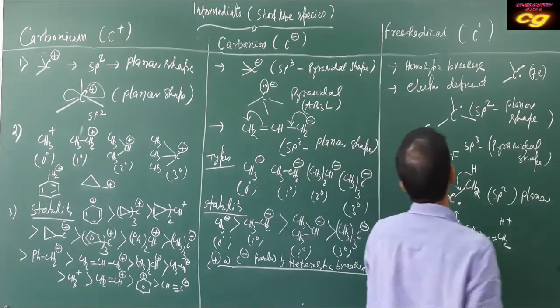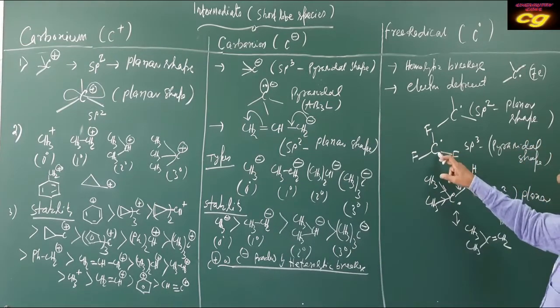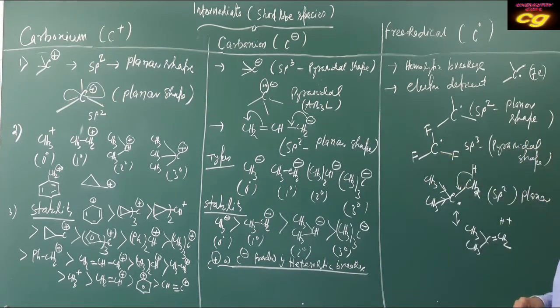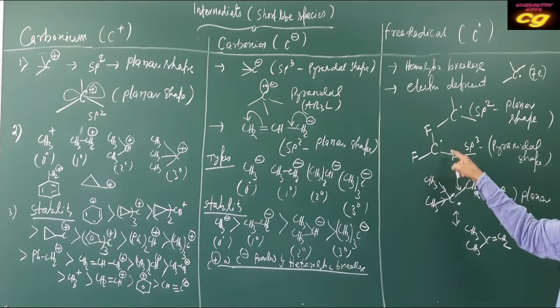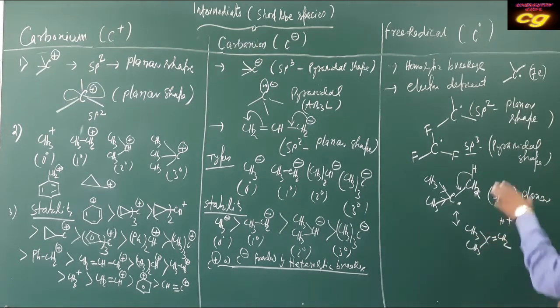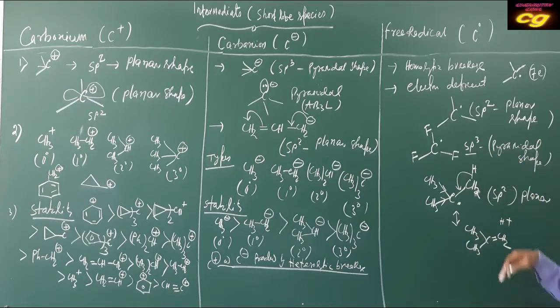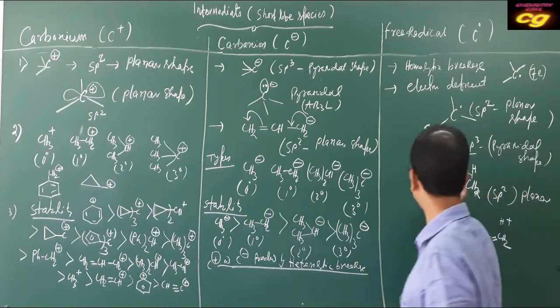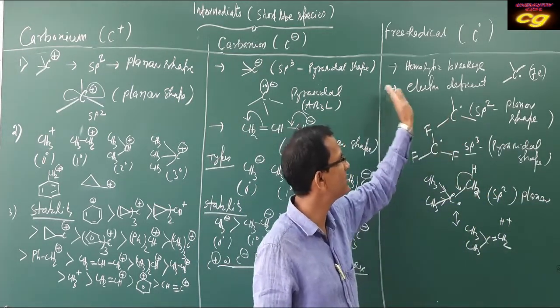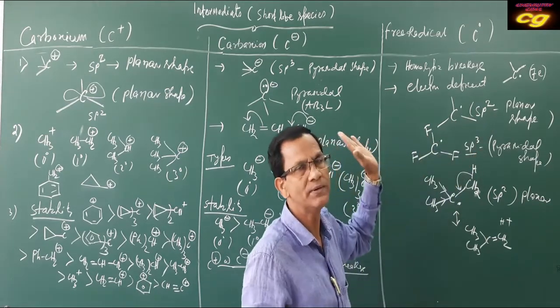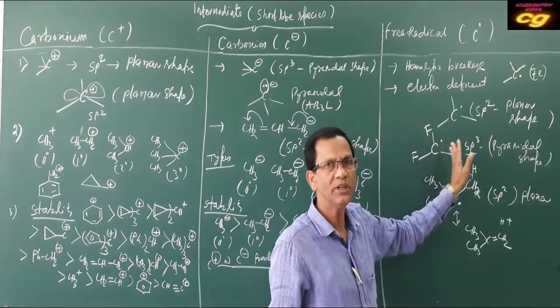And this CF bond is a stronger bond, so this lone pair remains on the carbon. It is not involved in the formation of a pi bond. That's why it is pyramidal in shape. So this is regarding the stability and shape of free radicals. It may be sp2 hybridization, it may be sp3 hybridization, so it depends upon the structure.